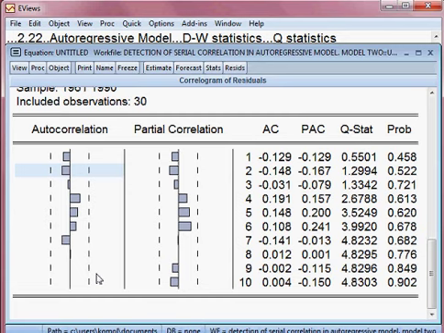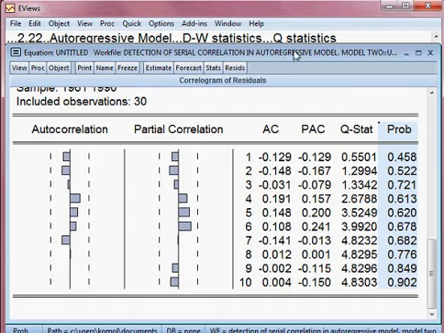But that is a graphical decision. We have to check mathematically whether there is serial correlation or not, and we can check it from the Q statistics and the corresponding probability value.